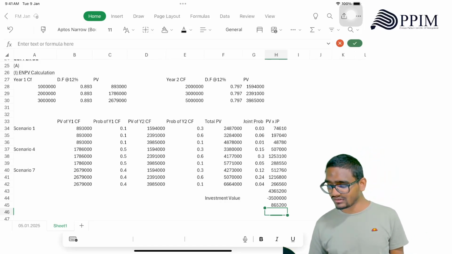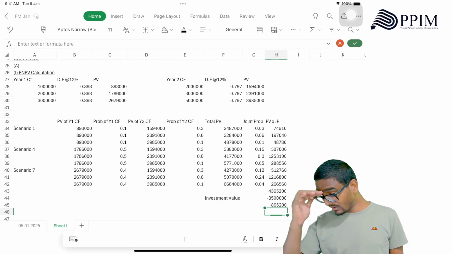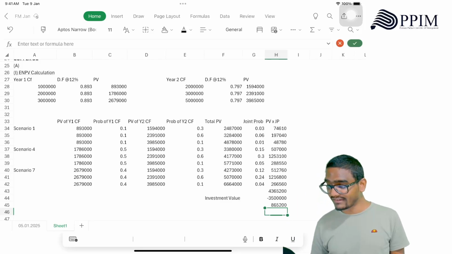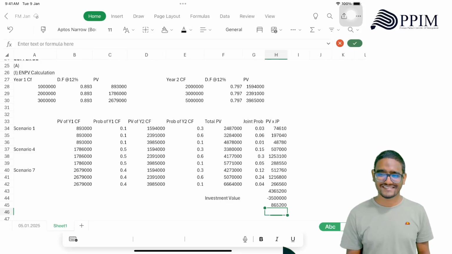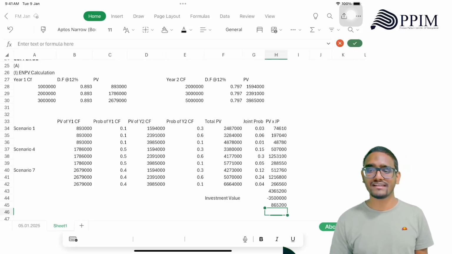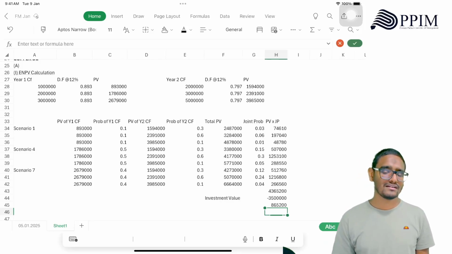Now, if I ask you in the next part, do the working for the probability of the investment having a negative NPV, you're going to suffer. So you see the benefit of doing this working in parts 2, 3, and 4.